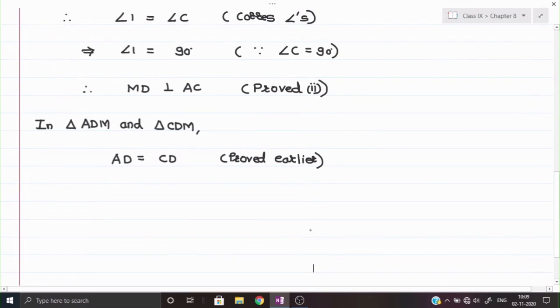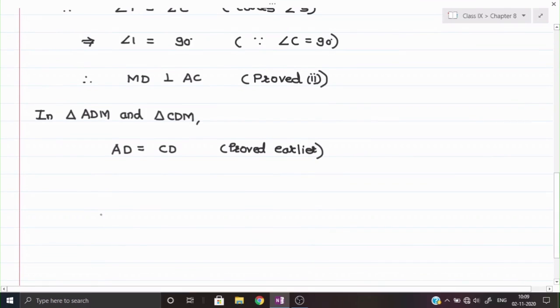Then we can say MD and MD common, so MD is equal to MD. That is common, right? And angle 1 and angle 2 both are equal to 90 degrees each. So angle 1 is equal to angle 2. Reason we can give here, each 90 degrees.